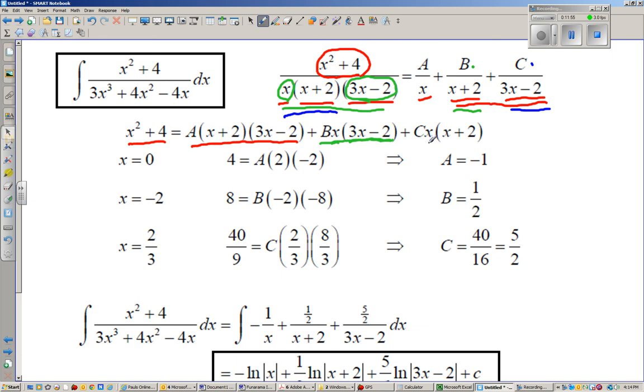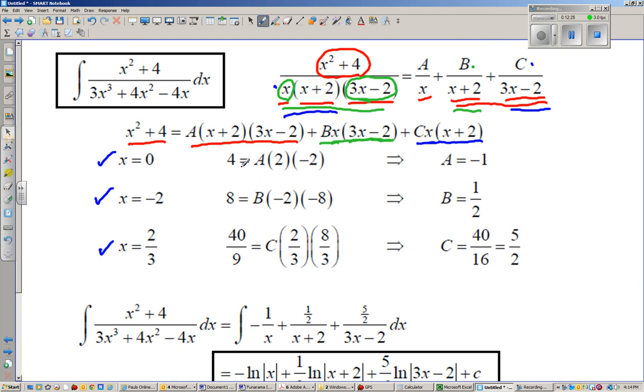I hope you're following all that. I hope that makes good sense. But now consider the zeros of the common denominator. Can you see that you have 3 of them? You have 0, negative 2, and 2/3 from the third one.